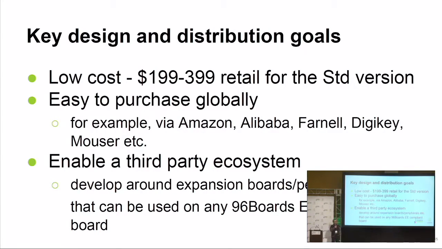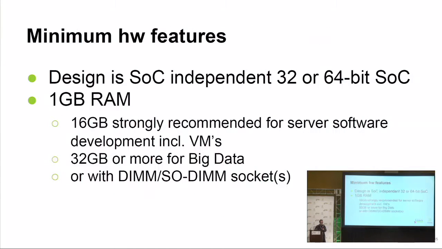The main point, just like for the 96-board consumer edition, is that we want to enable a third-party ecosystem, an ecosystem of software developers, an ecosystem of hardware developers. We want to see and we want to foster the growth of an ecosystem of mezzanine boards, add-on boards that can be developed and plugged on the 96-board.